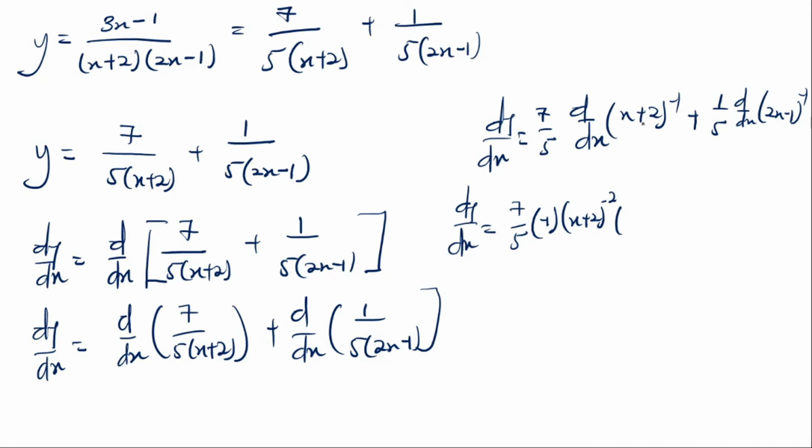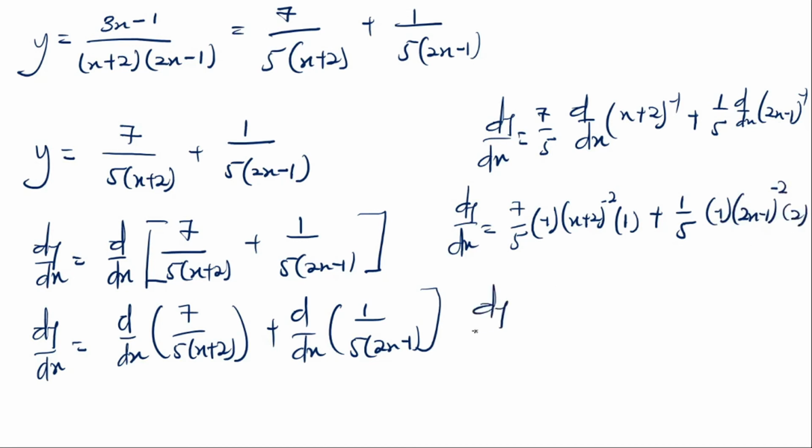So if we differentiate x + 2, we get just 1, then plus 1/5, then we differentiate this, it becomes -1 multiplied by (2x - 1), now to the power -2. If we differentiate 2x - 1, we get 2.